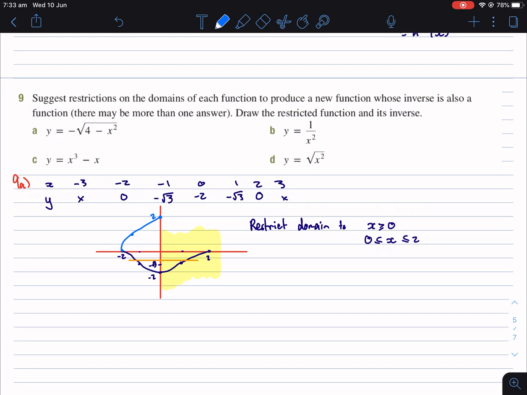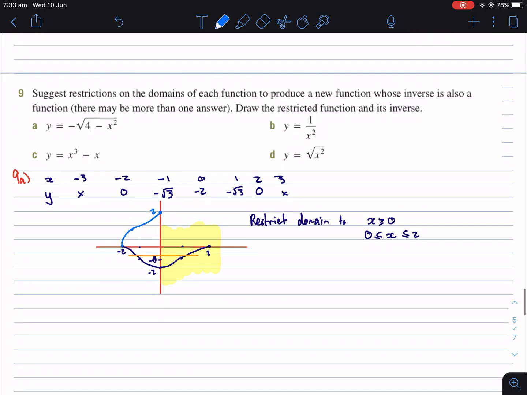So it's going to look like that. Let me double check that. It doesn't look quite right, does it? Oh, I just can't draw, that's the problem. So technically, I'm not doing it to scale.